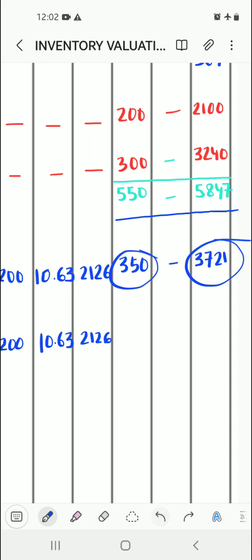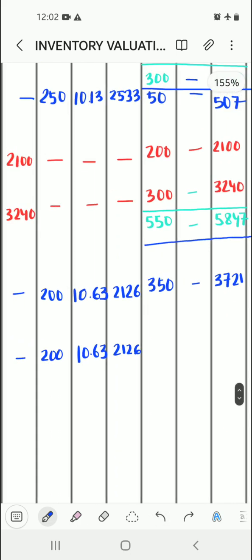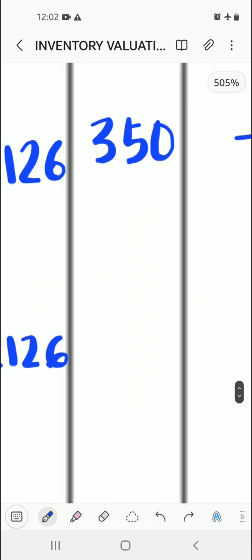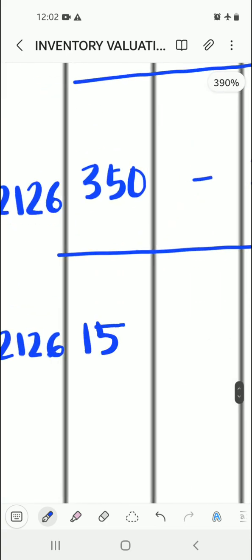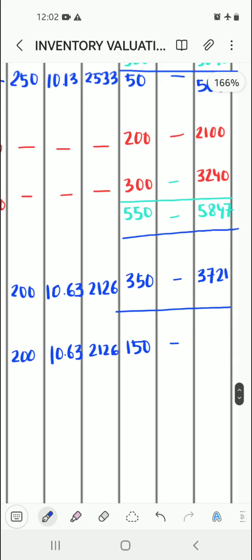So right now what we are going to do is, see, 200 gone from this 350. So 350 minus 200. Now we are left with only 150 units. So we will write in the balance section, we are left with 150 units. And amount, we had 3721, from here 2126 gone.